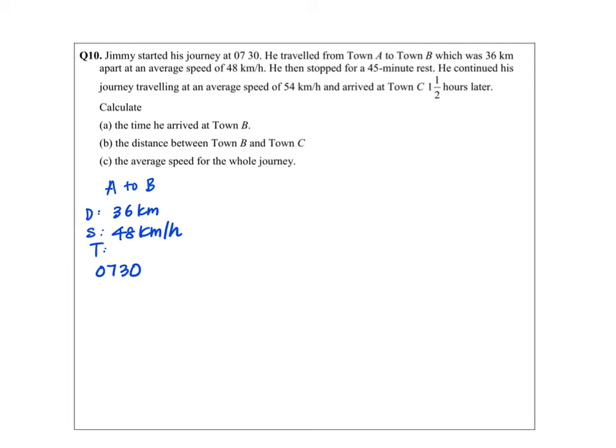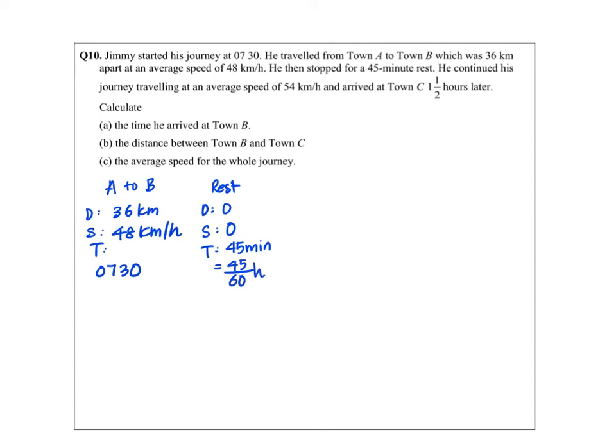Okay, then in between he stopped for a 45-minute rest. So during the rest time, the distance is 0, the speed is 0, the time taken 45 minutes. But we notice that this is all given in terms of hours. So what I'm going to do, I'm going to write 45 minutes as 45 over 60 of an hour.